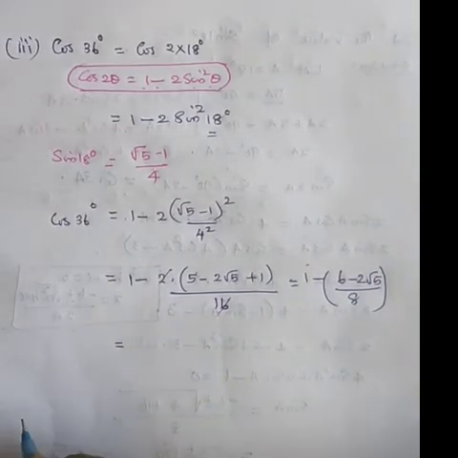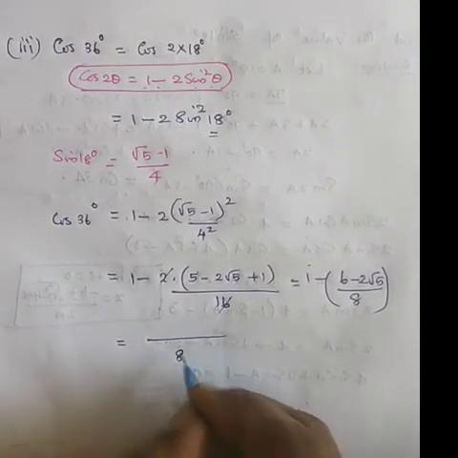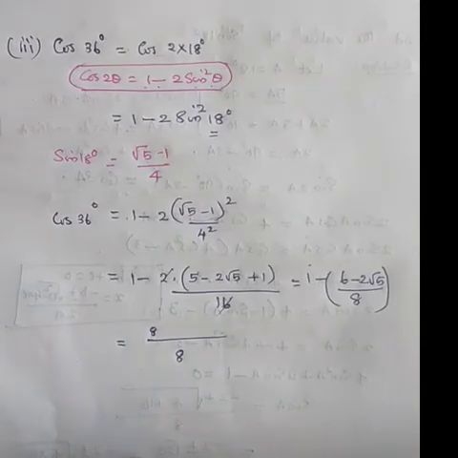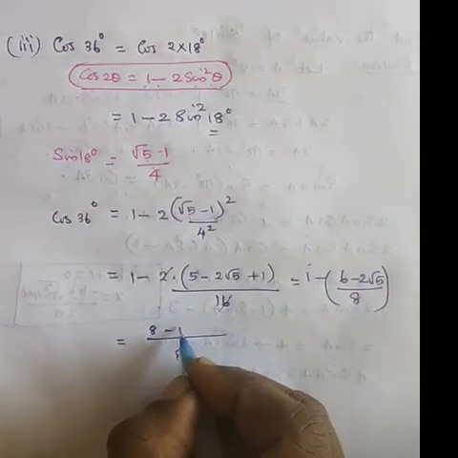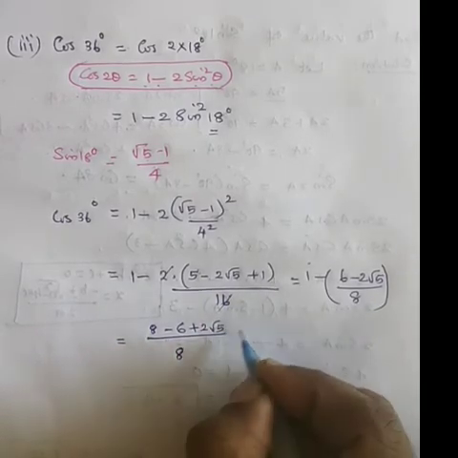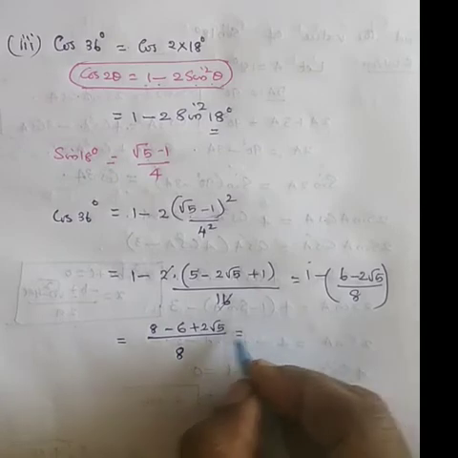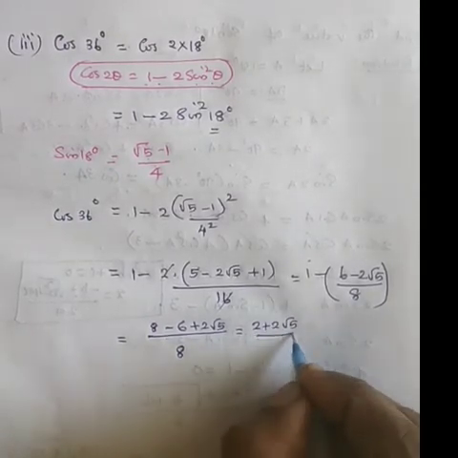Okay. So taking the LCM as 8, we get 8 minus 6 plus 2 root 5. So 8 minus 6 is 2, 2 plus 2 root 5 divided by 8.